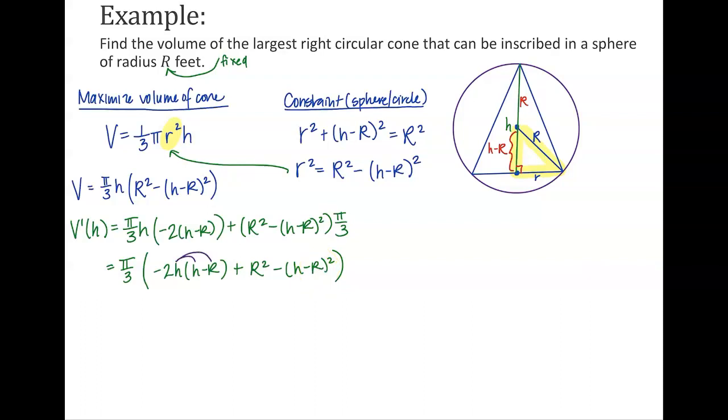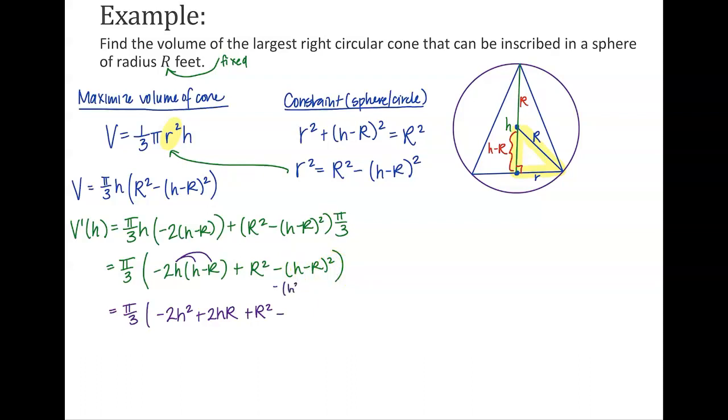So I'm distributing here. So I'd get pi over 3 times -2h squared plus 2hR plus R squared minus, okay, so what's going to happen here, this FOILs, right? h minus R times h minus R, and then there's a negative in front of it.